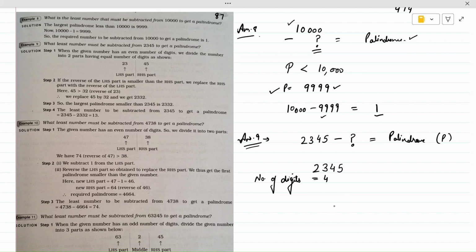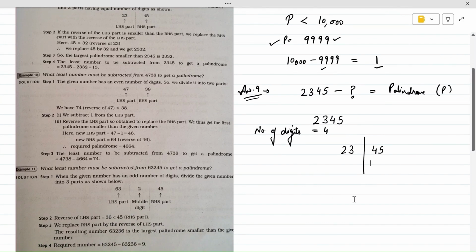So when we have an even number, we are going to split this number into 2 parts. Okay, we have split this number into 2 parts such that we have 23 and 45 separated. And the number which is on the left side of this separator, I am denoting as LHS, that is the left hand side of this separator, and the remaining number 45, I am denoting with RHS.